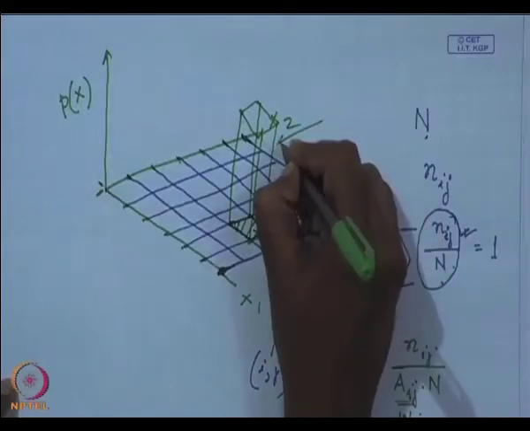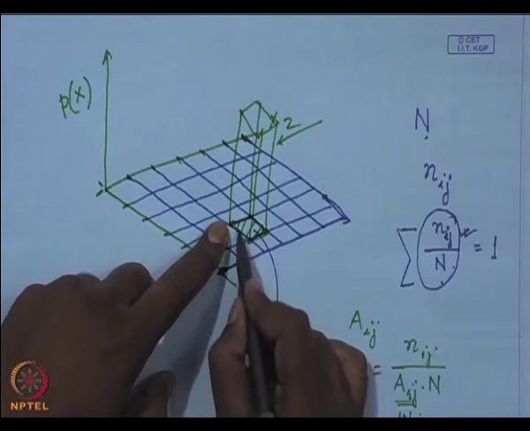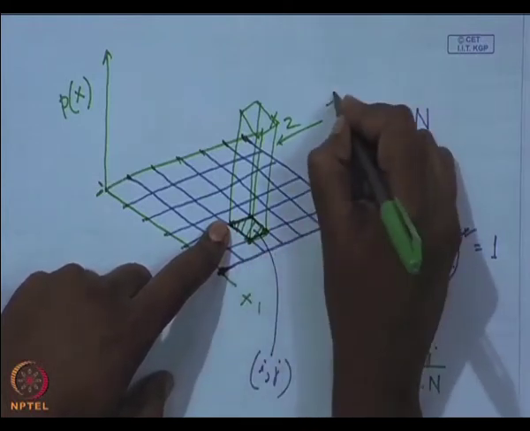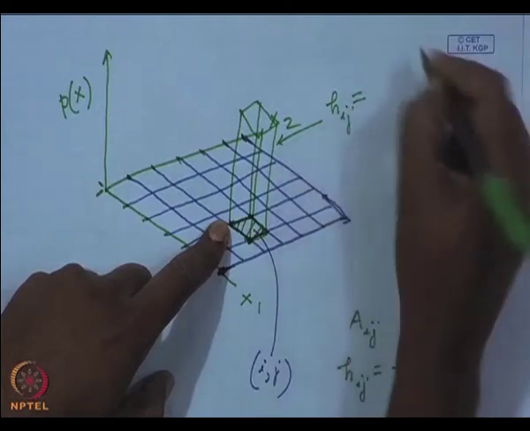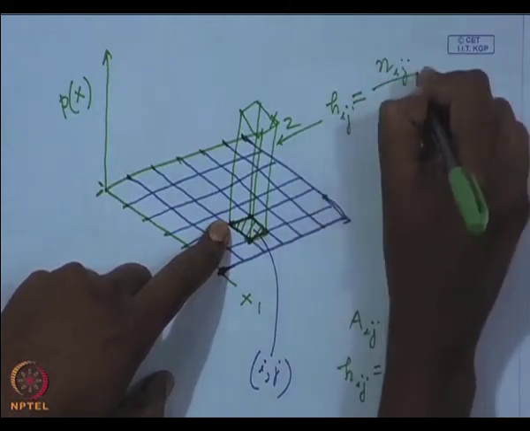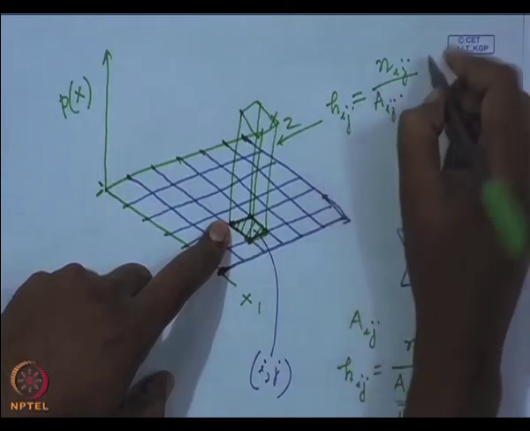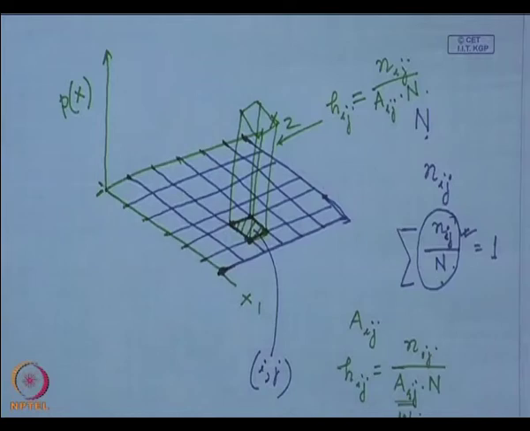Then the probability estimate h_ij will be given by n_ij, the number of samples falling in the ijth bin, divided by capital N, the total number of samples, divided by the area of the ijth bin, a_ij. So, the height, which represents the probability density estimate within this bin, h_ij, is simply equal to n_ij upon a_ij times capital N. This is a simple extension from our one dimensional case to a two dimensional case.